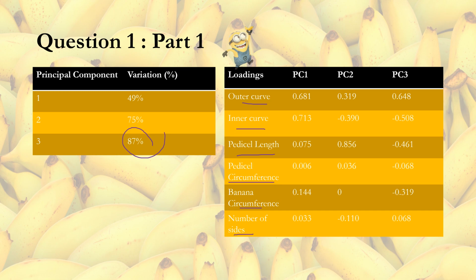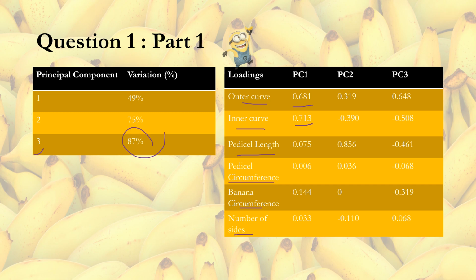This means that 87% variation can be explained using principal component 3. On the right, we have the loadings from the three principal components. In this study, I will be interpreting PC1, and basically it indicates that the longer the bananas are, the higher positive PC1 scores they have, while the shorter banana length, they have lower PC1 scores.